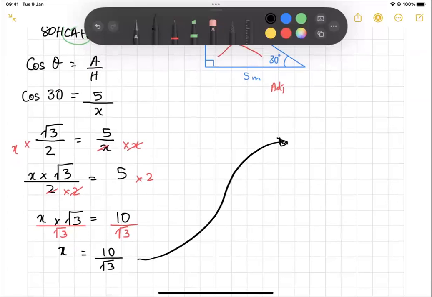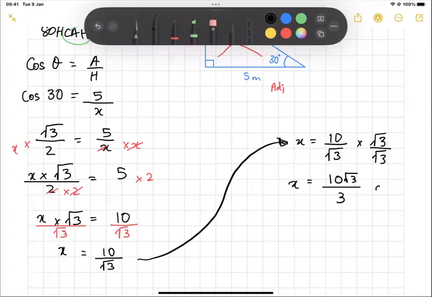So x equals 10 over square root 3, and I'm going to use my magic wand, meaning I'm going to multiply it by square root 3 over square root 3. 10 times square root 3 is just 10 square root 3, all over square root 3 times square root 3. We know what that is. It'll be 3. So x will equal 10 square root 3 over 3. Hopefully that makes sense. See you later. Bye.